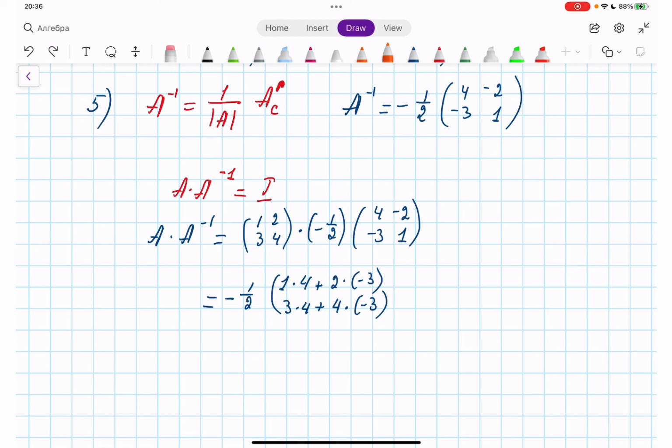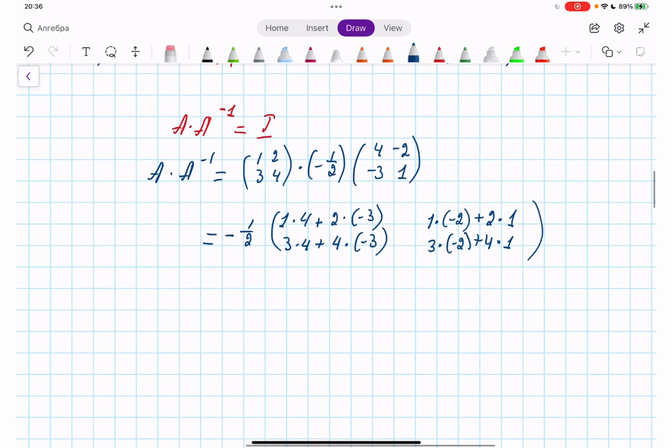And we are getting 1 times negative 2 plus 2 times 1. And the same way with the second case, 3 multiplied by negative 2 plus 4 multiplied by 1.